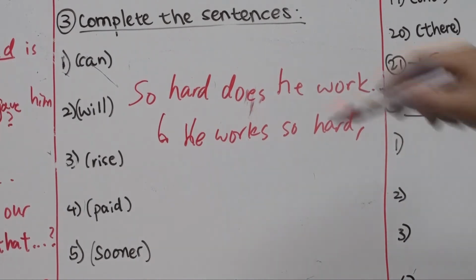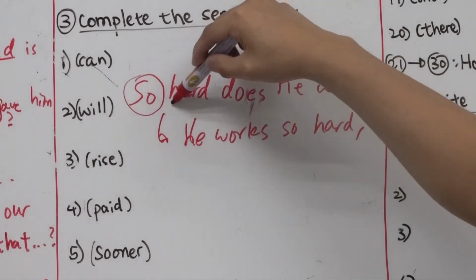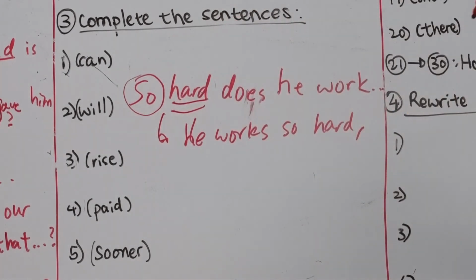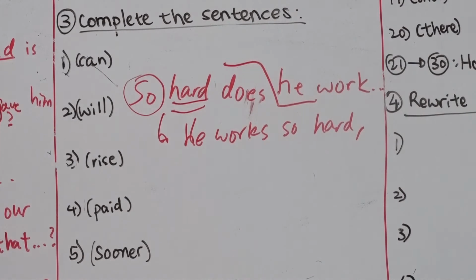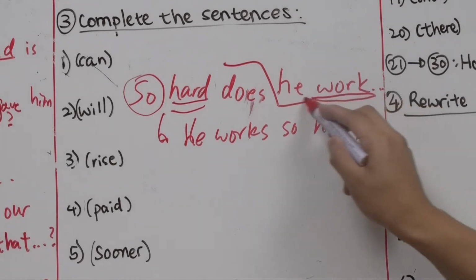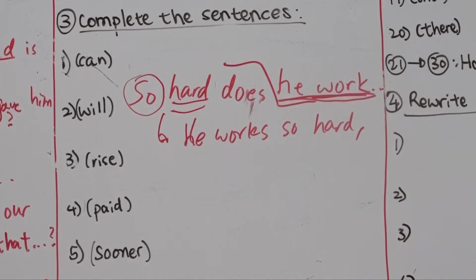So we start with so hard, the adjective. Does he work? Actually, it should be the whole thing, this is one unit. And then emphasis again, does he work? This is the auxiliary.